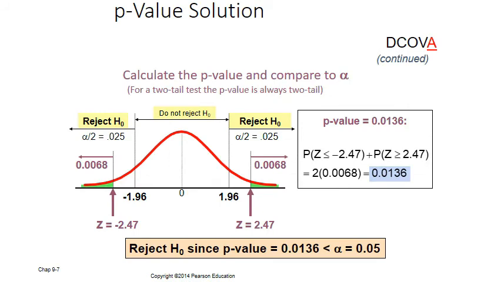So here you can write it in this way to calculate the p-value. So z is minus 2.47.